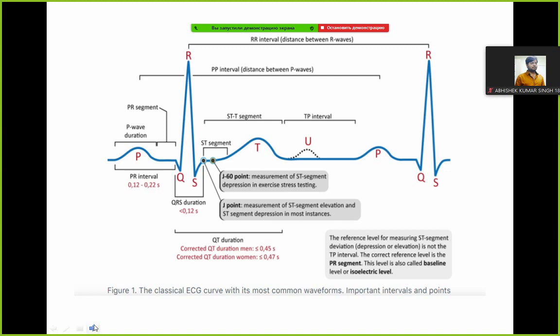And now we will talk about waves and segments of ECG. We have talked about P wave, PQ interval, QRS complex, ST segment, and T wave.